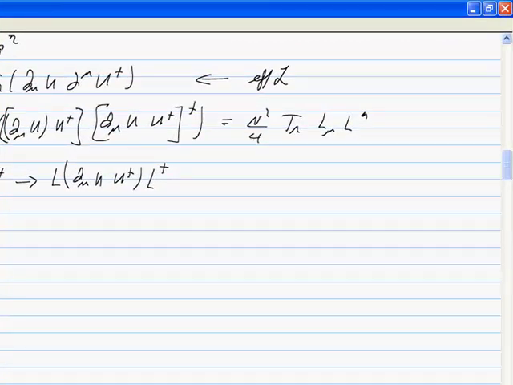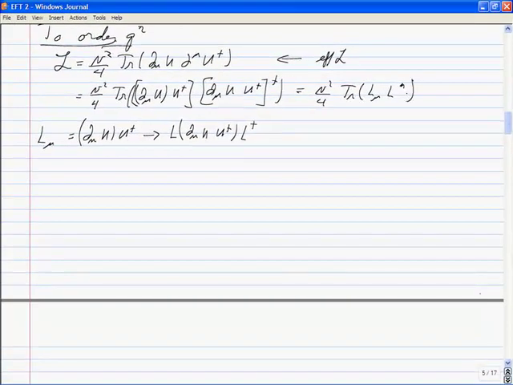There's an R and an R dagger and an R right in there. They cancel each other out. So this transforms just purely left-handedly. Okay, and you could have used an equivalent right-handed one there, but it doesn't make any real difference.